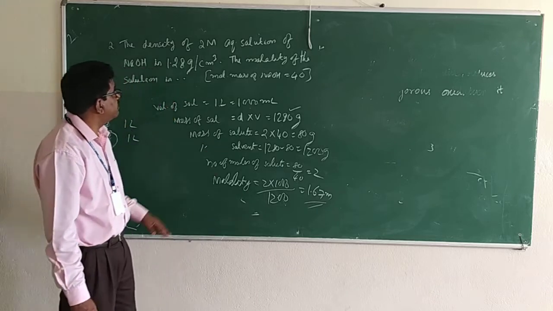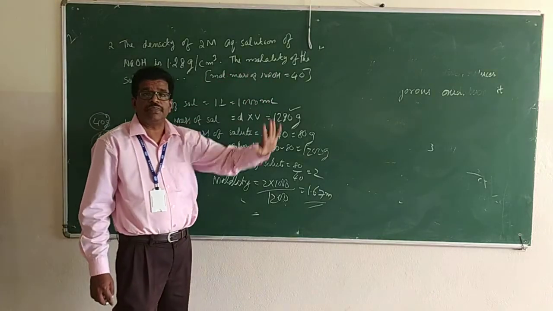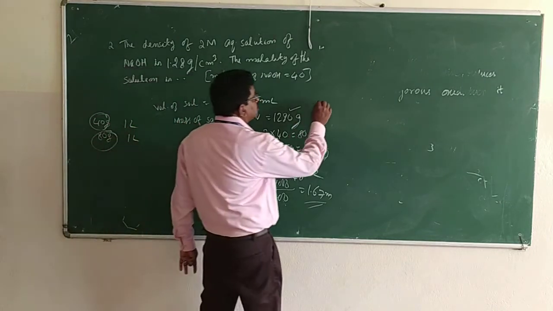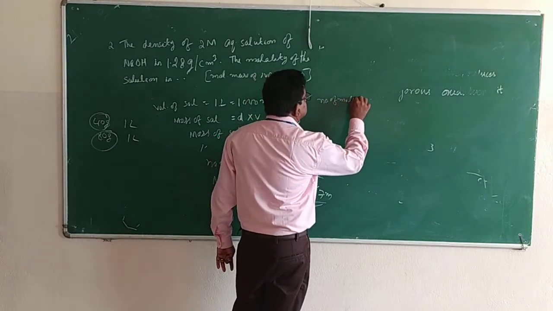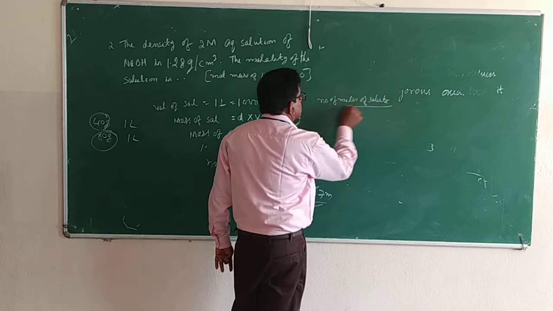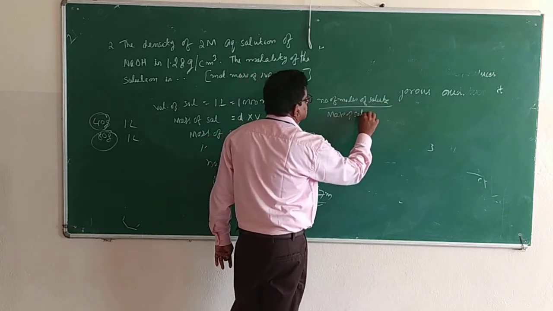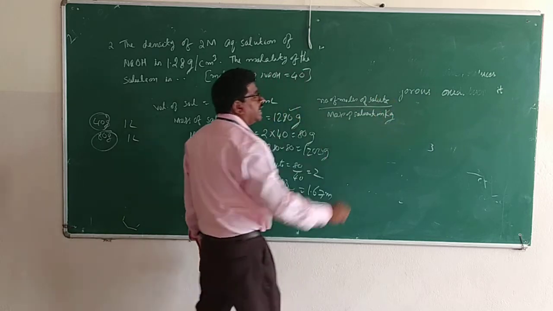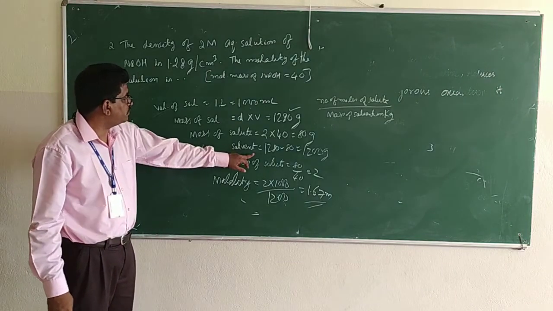So in this question, when you approach, we should know what is molality. Molality is equal to number of moles of solute by mass of solvent in kilogram. So mass of solvent we want to find out.